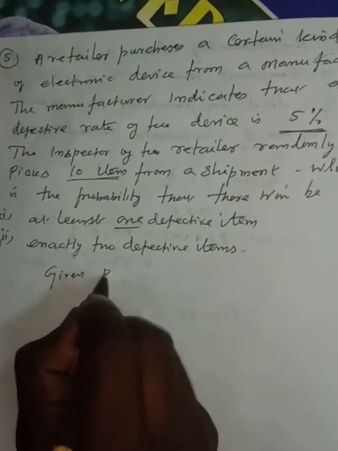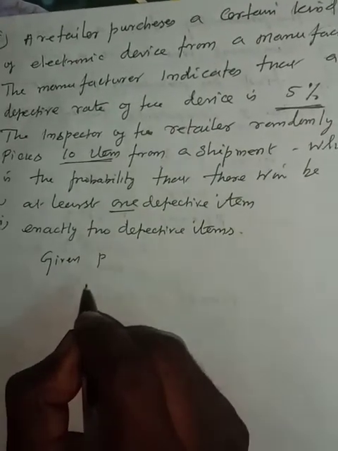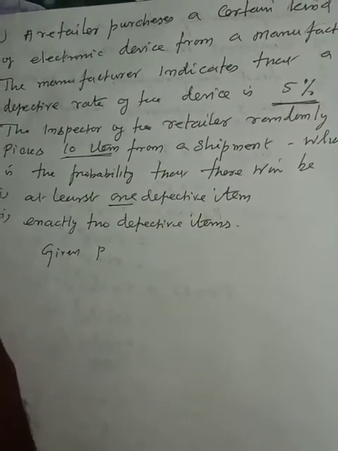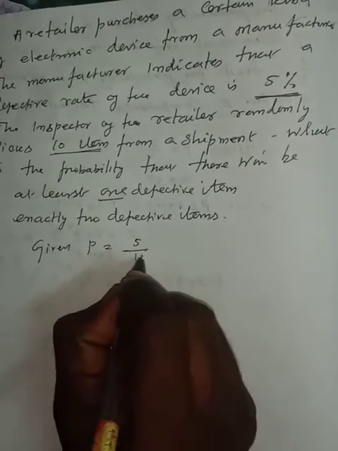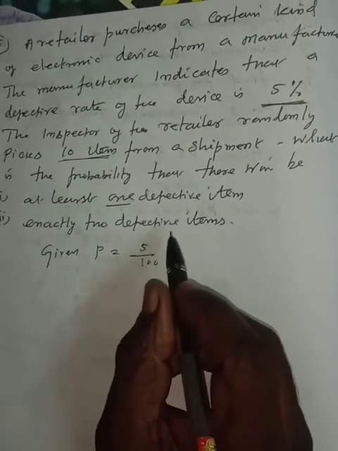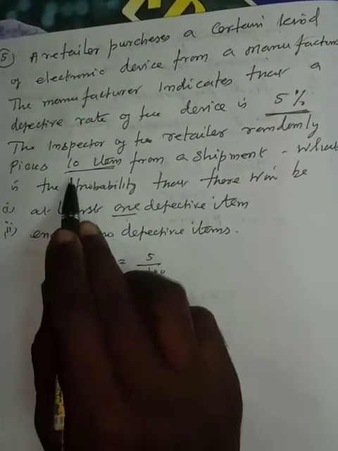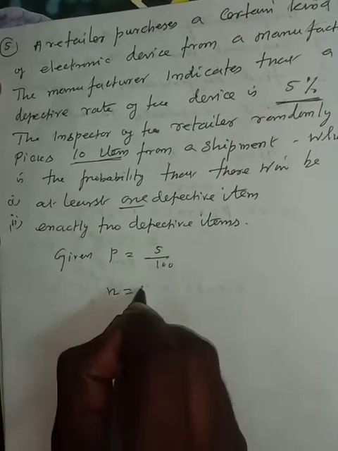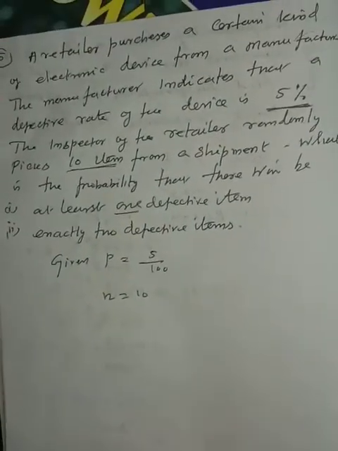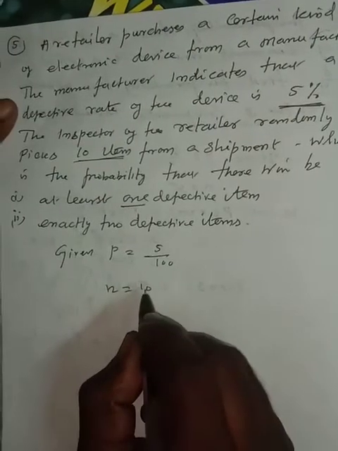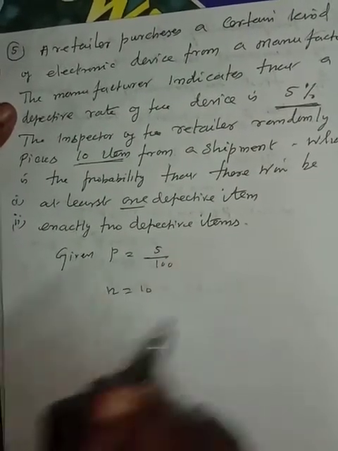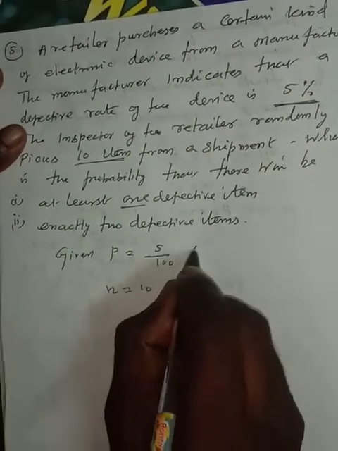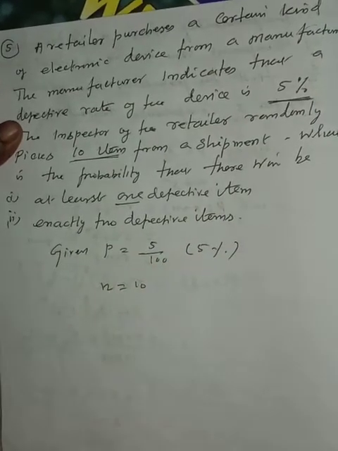By the given instruction, n is equal to 10 and p is 5%. Right.